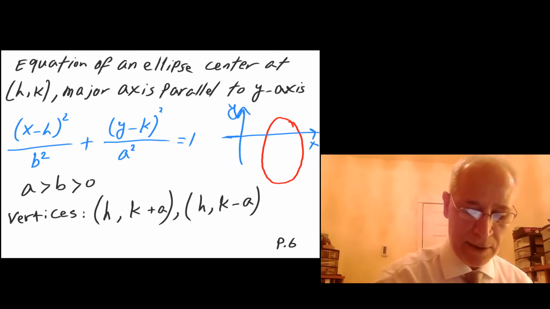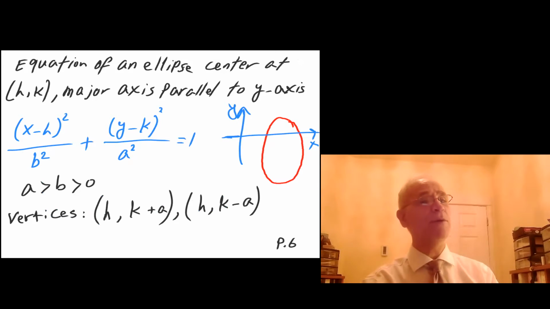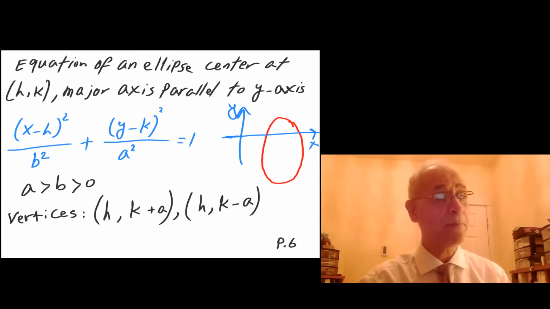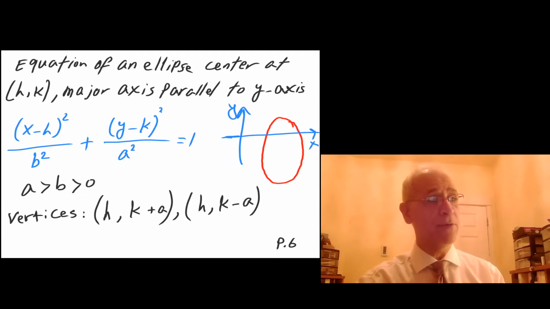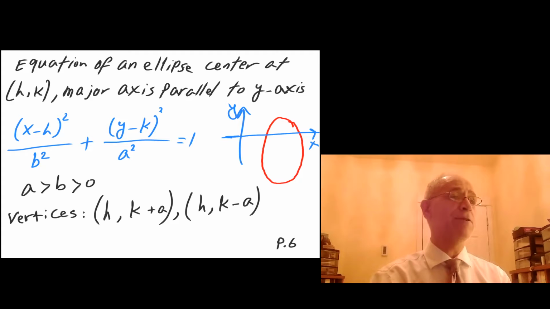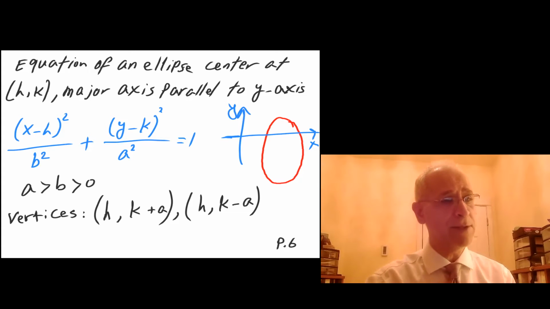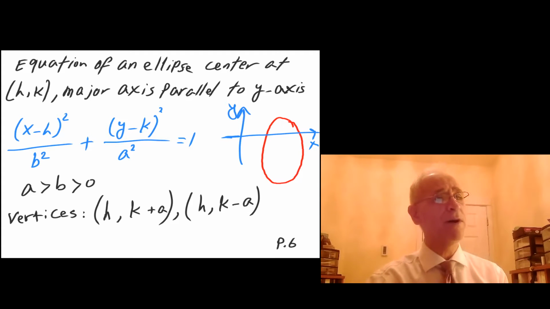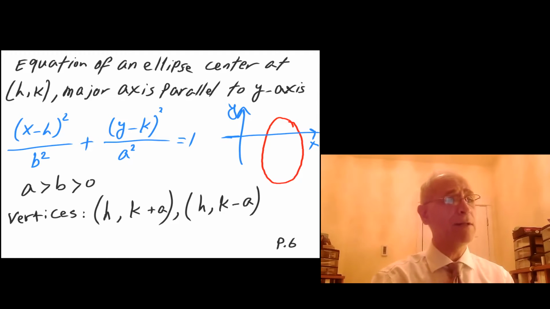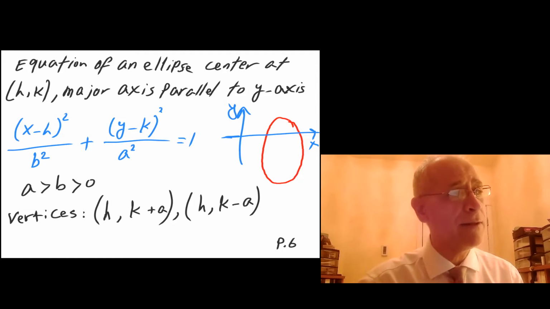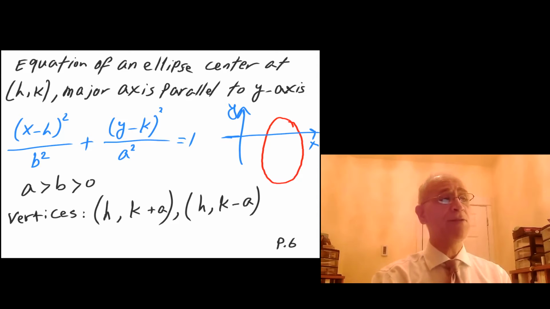Notice that the center of this ellipse is nowhere near the origin. So the formula for this one is x minus h, quantity squared, over b squared plus y minus k, quantity squared, over a squared equals 1, with the understanding that a is greater than b and b is greater than 0.